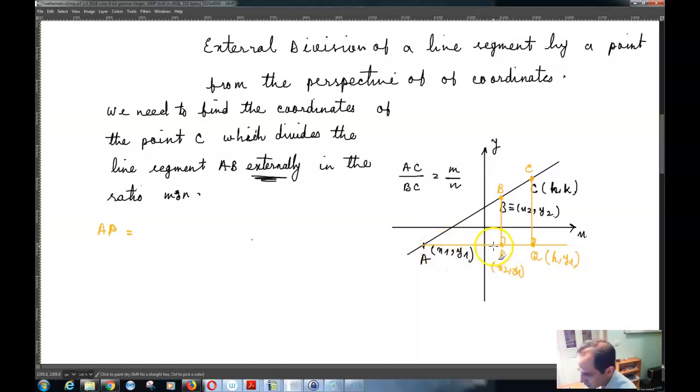Here your x coordinate is x2, here is x1, so the distance between the 2 points is x2 minus x1.